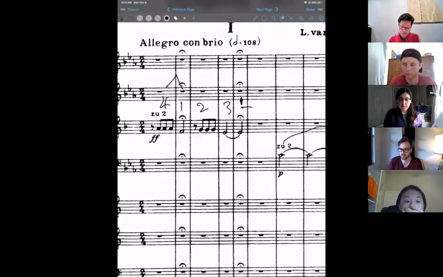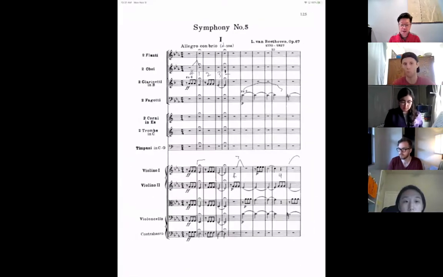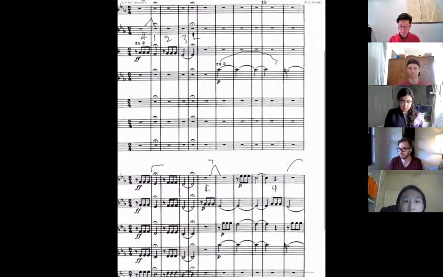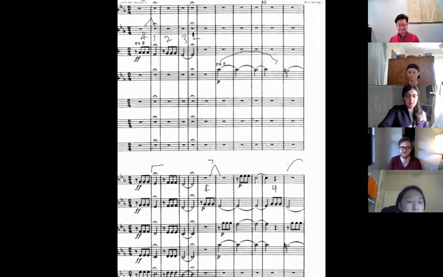That extra bar throws a wrench into this idea of hypermeter. But I think there is enough proof in the music. Was anybody able to find that extra five-bar phrasing in the first movement? No? Okay, I will show you that a little bit later on.